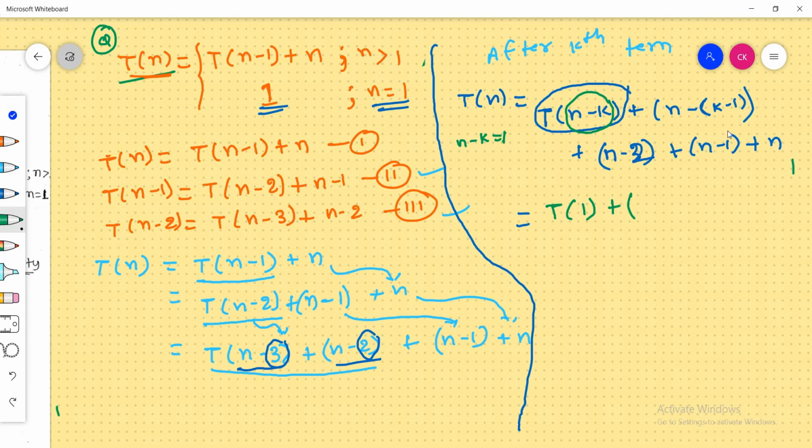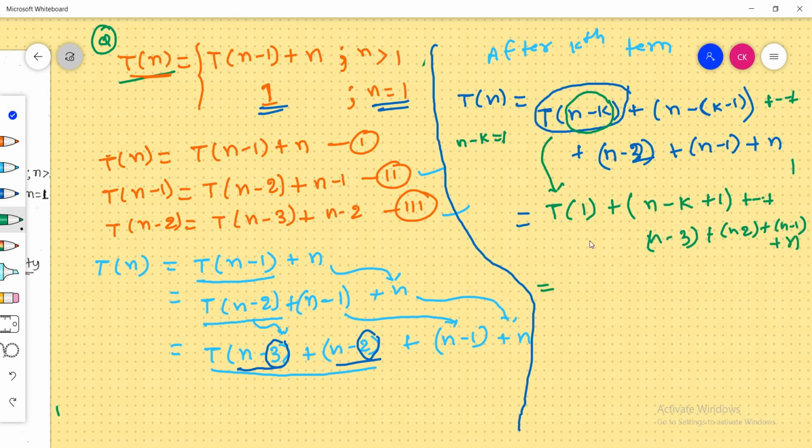and of course this will start from n minus k plus 1 and it will reach till n. So this will be t of 1, and this will be n minus k plus 1, and this will keep on till n minus 3 plus n minus 2 plus n minus 1 plus 1.